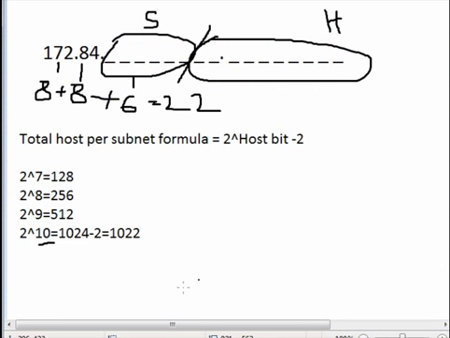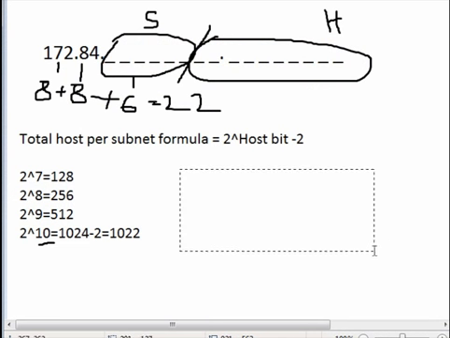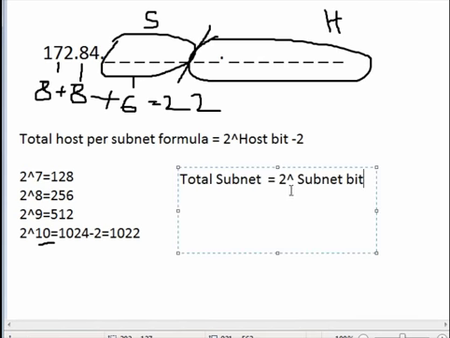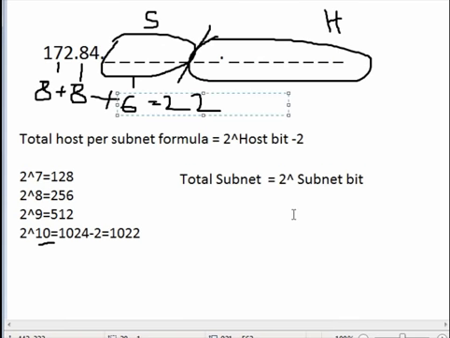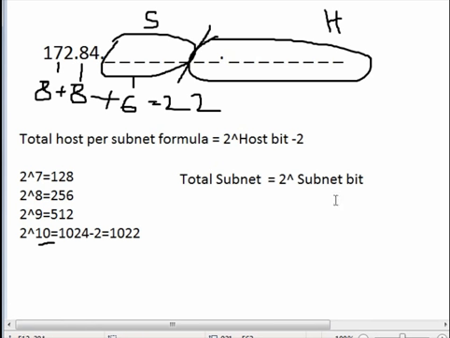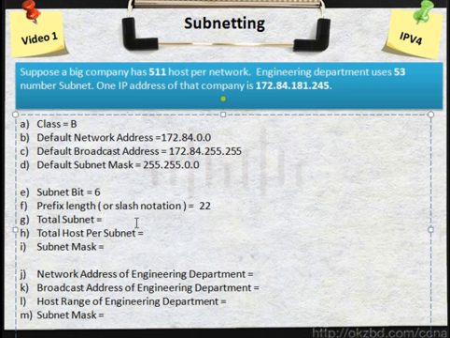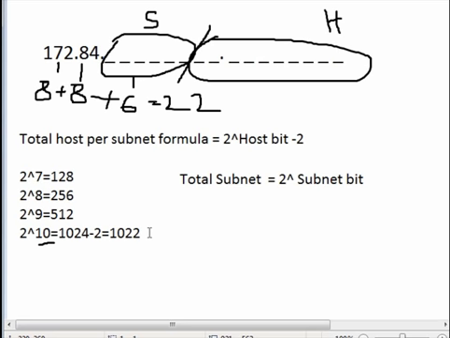The total subnet formula is 2 to the power subnet bit. Our subnet bit is 6, so 2 to the power 6 equals 64. Now total hosts per subnet, as we saw, is 1022.